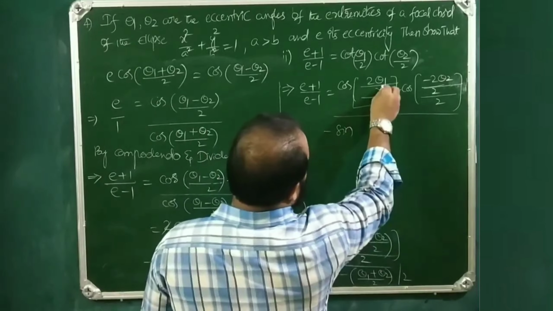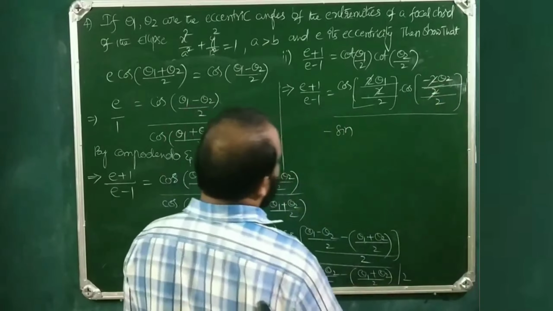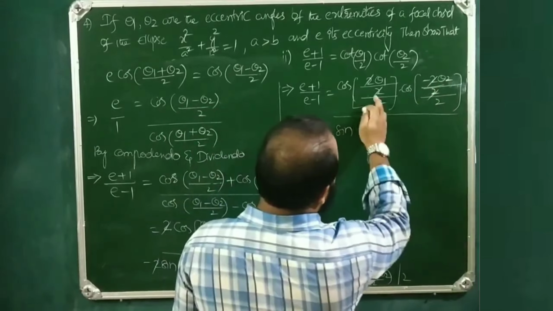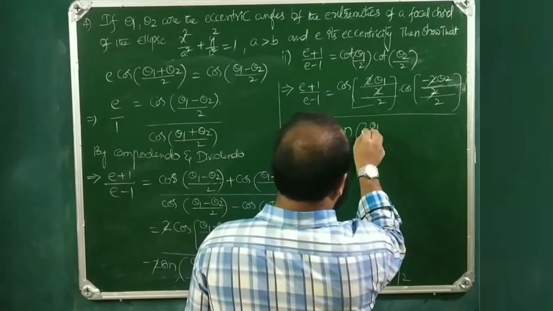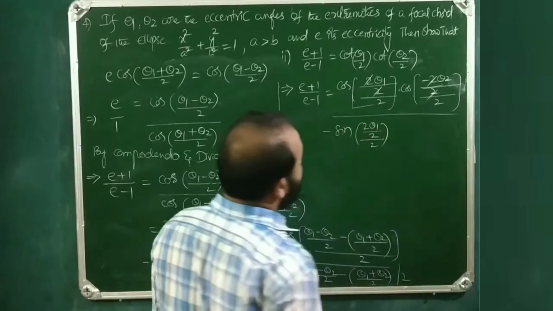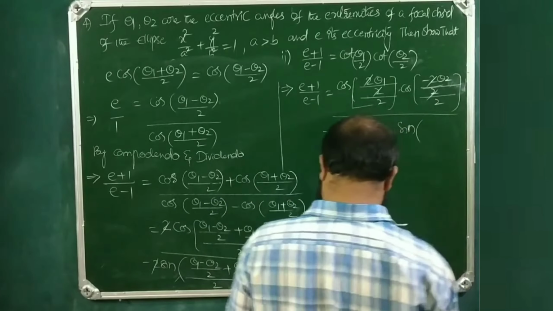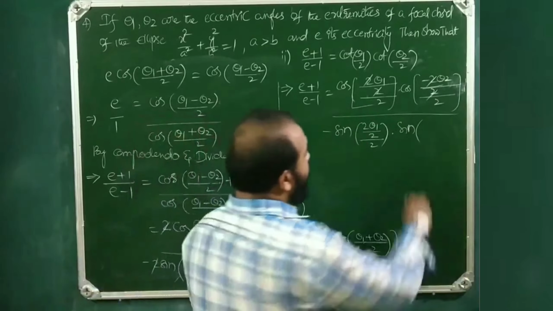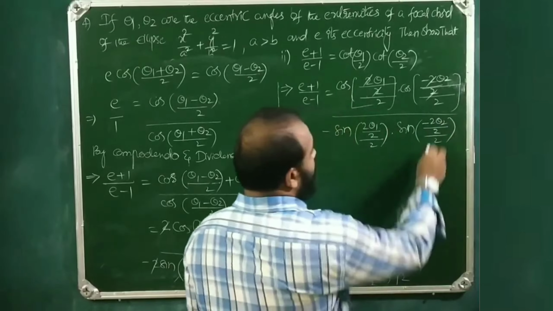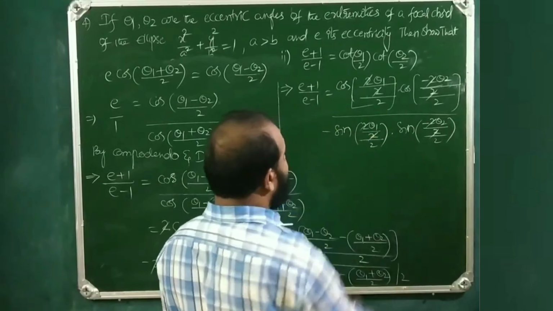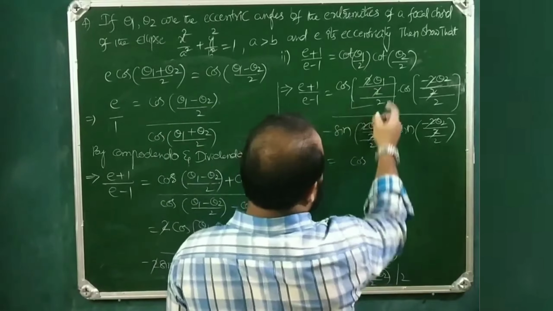So here 2 gets cancelled, here also 2 gets cancelled. So we get 2 theta 1 by 2 by 2, this is also sine, and the same, minus 2 theta 2 by 2 by 2. 2 cancels here. So this is equal to cos theta 1 by 2.